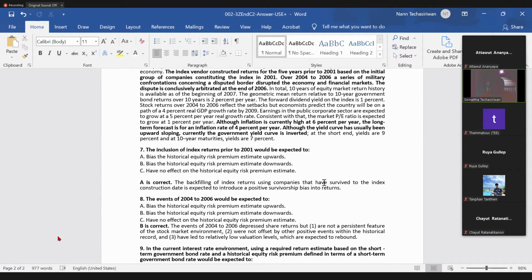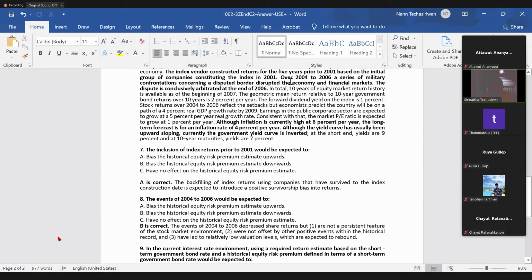So basically, I think the key story is about when they construct the index. The index constructed returns for the 5-year period prior to 2001 based on the initial group of companies constituting the index in 2001.